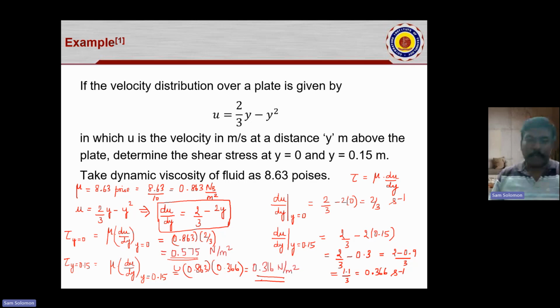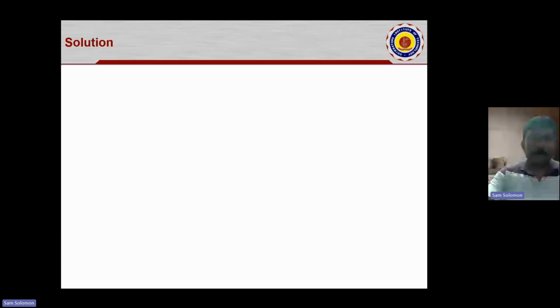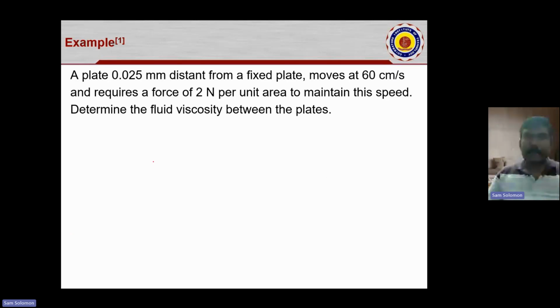Okay, so we could have used the space here. The next one: a plate moves at 60 centimeter per second and requires a force of 2 Newton per unit area to maintain the speed. Determine the fluid viscosity between the plates.